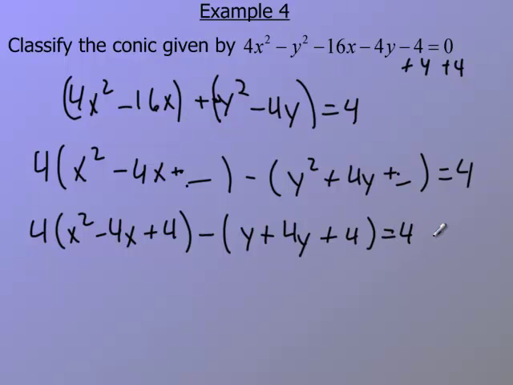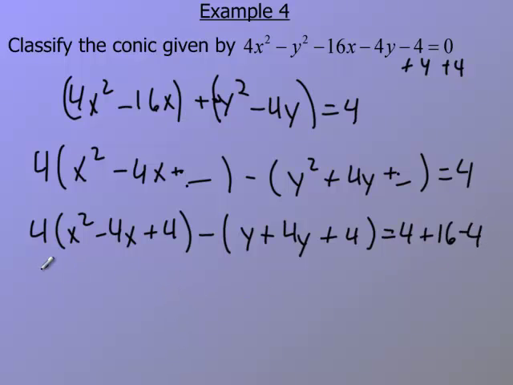Now what you do to one side you do to another. So I put in a 4 here, but we're multiplying it with this 4, so I need to add in a 4 times 4, or 16 in this case. So plus 16, and minus, because this is a negative, with that 4 it's going to be minus 4.